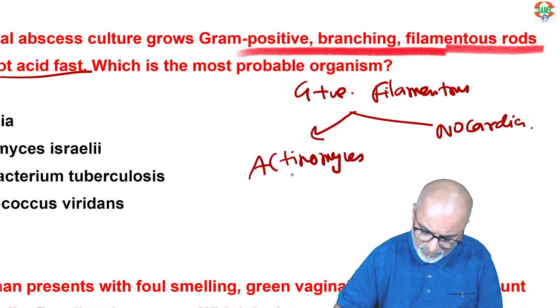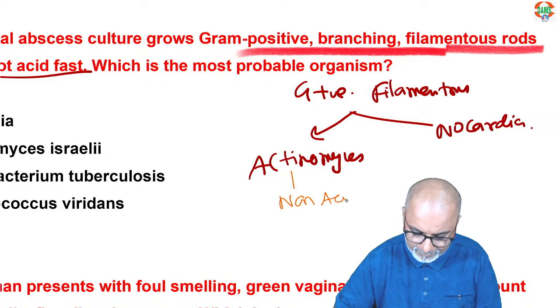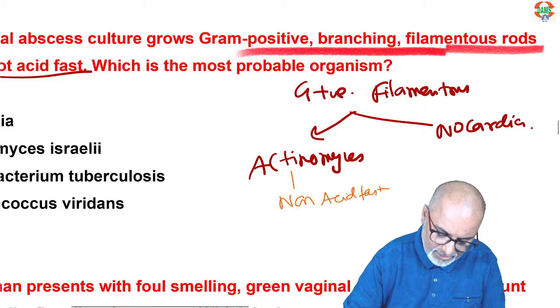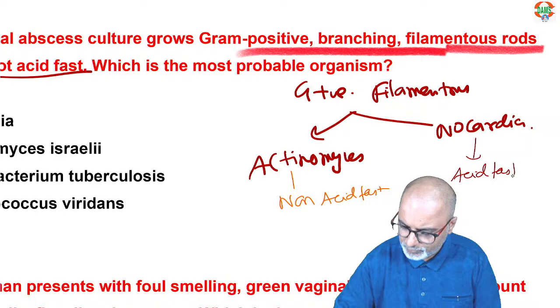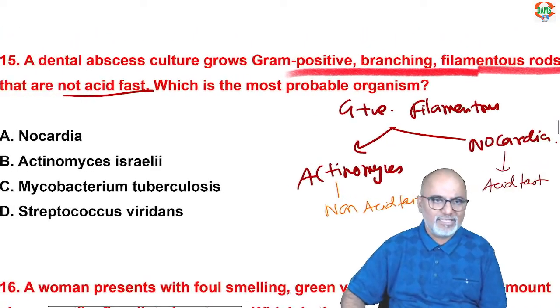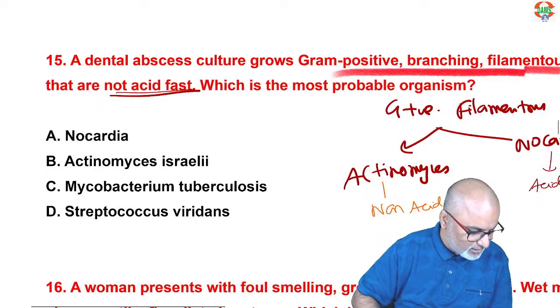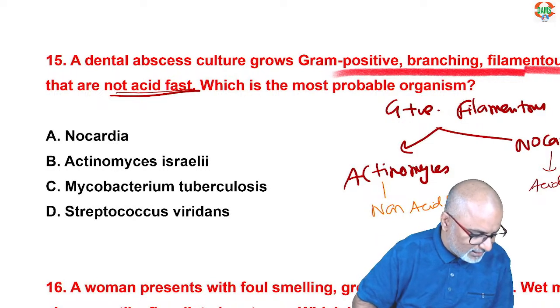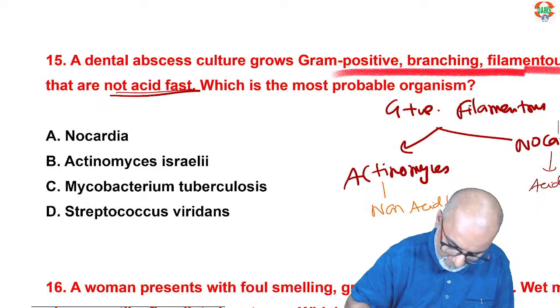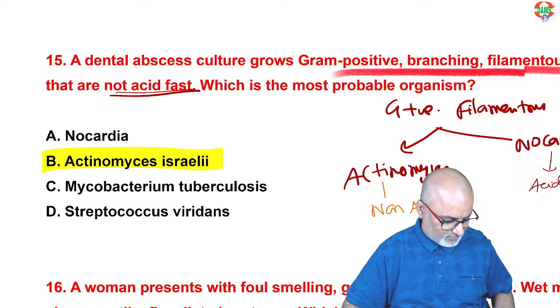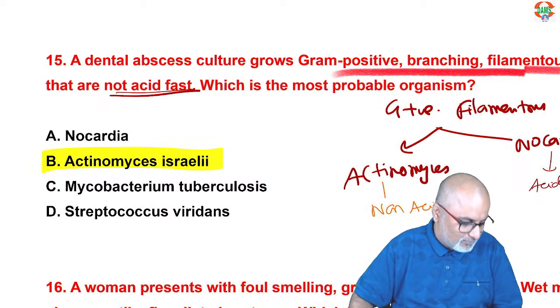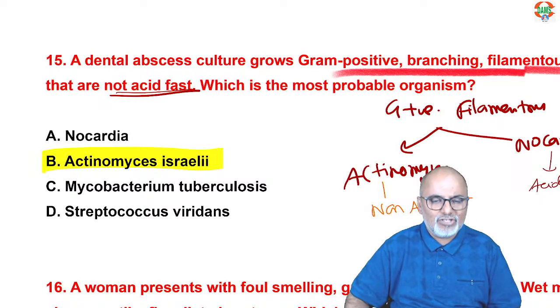Actinomyces is non-acid fast. Nocardia is acid fast. So here it is not acid fast, I can go for Actinomyces.